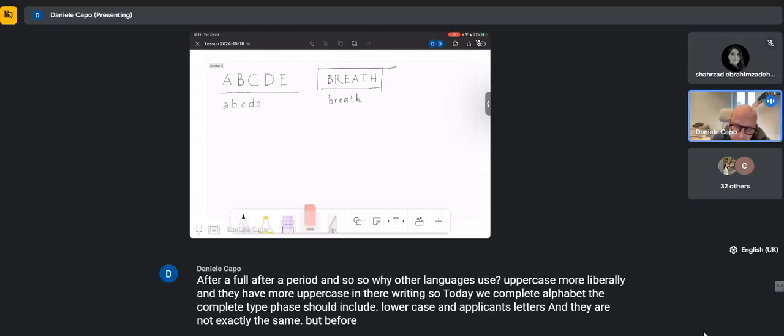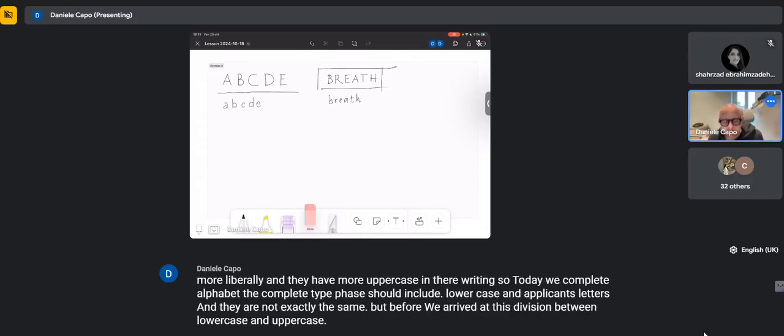But before we arrived at this division between lowercase and uppercase, those letters were just a variation of the same alphabet.